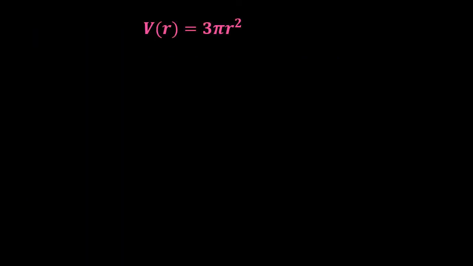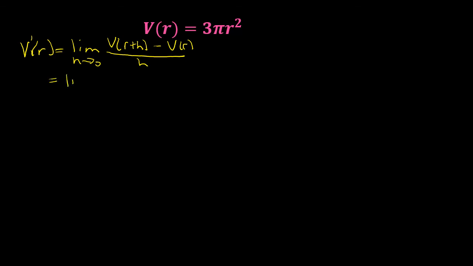So, if we have V of r equals 3 pi r squared and I want to find V prime of r, that's going to be the limit as h approaches 0, and normally it would be f of x plus h, but this is going to be V of r plus h minus V of r, all over h.